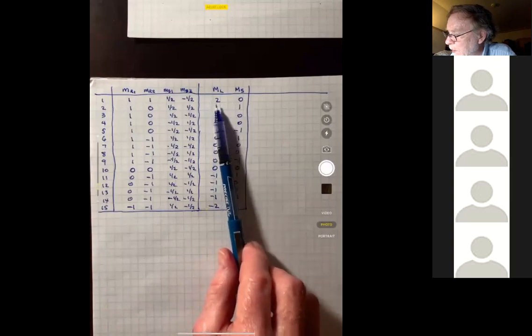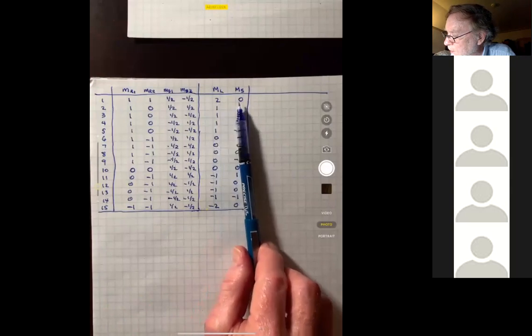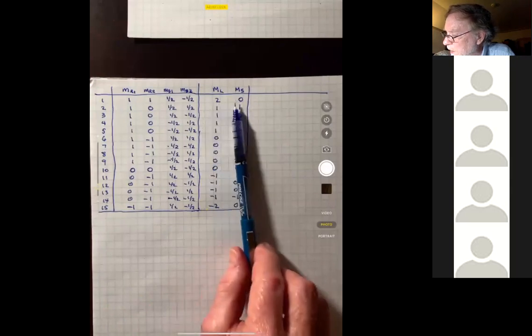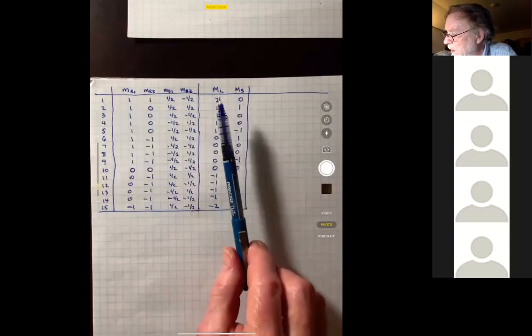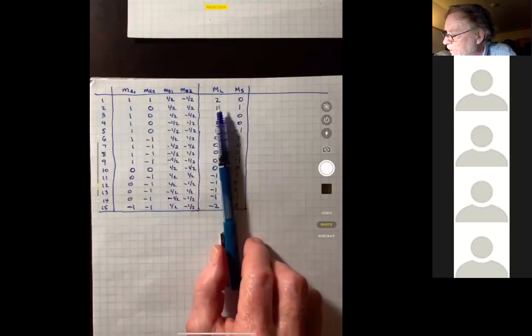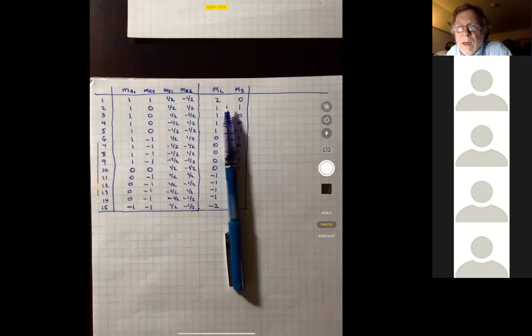That's to say, the doubly stretched state, the maximum value of M sub L is 2. And within the class of M sub L equals 2 values, let's pick the maximum M sub S, which in this table is only one state. That's the first Slater determinant. That's that 2, 0 here. This Slater determinant is therefore a non-degenerate eigenstate of LZ and SZ with quantum numbers 2 and 0.